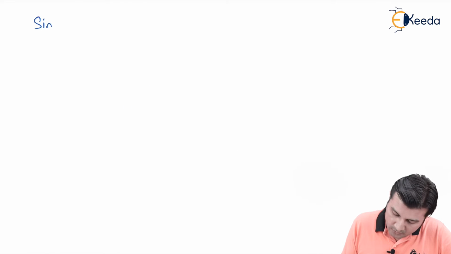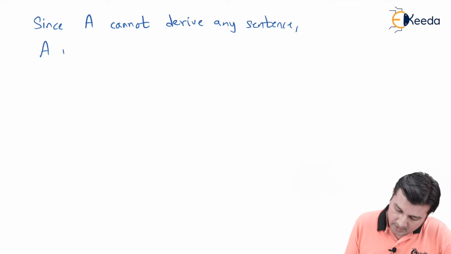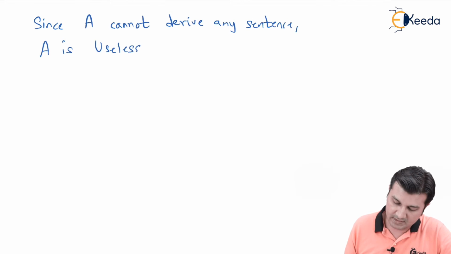So let's write it. So we frame now, since A cannot derive any sentence, comma, A is useless.